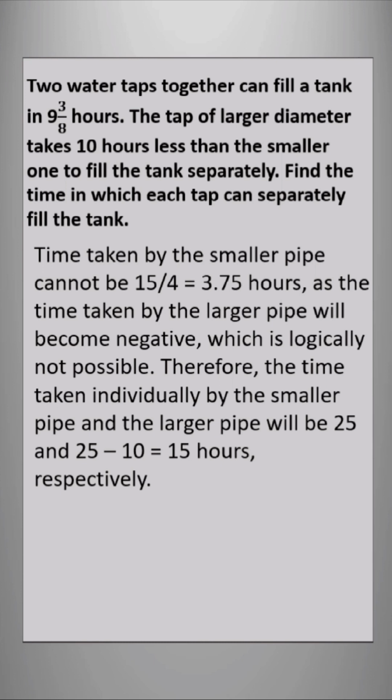You can understand 3.75 minus 10 is a negative value, which is logically not possible. Therefore, time taken individually by the smaller pipe and larger pipe will be 25 hours for the smaller pipe and 25 minus 10, that is 15 hours, for the larger pipe respectively.